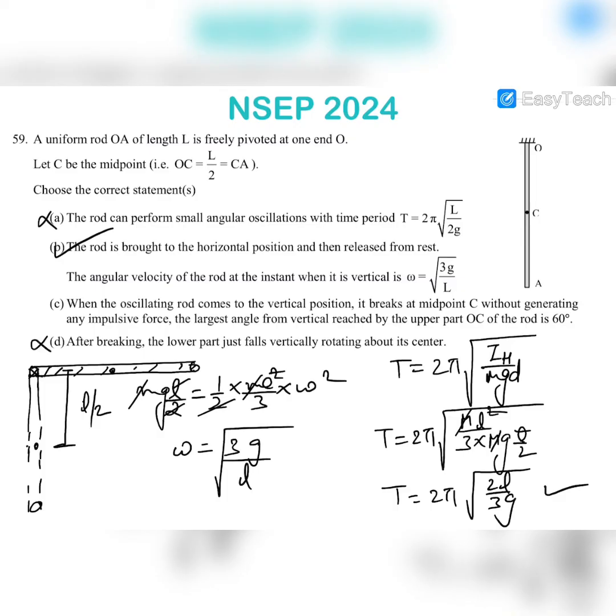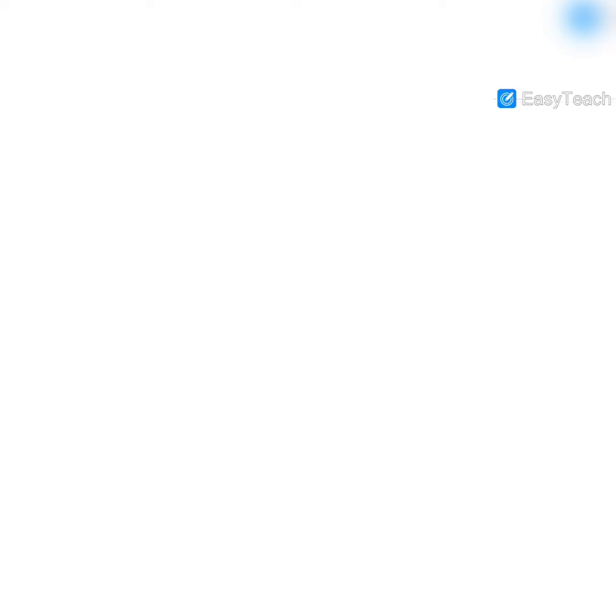Now when the oscillating rod comes to the vertical position, it breaks at the midpoint without generating any impulsive force, and the largest angle from the vertical reached by the upper part OC is 60 degrees.